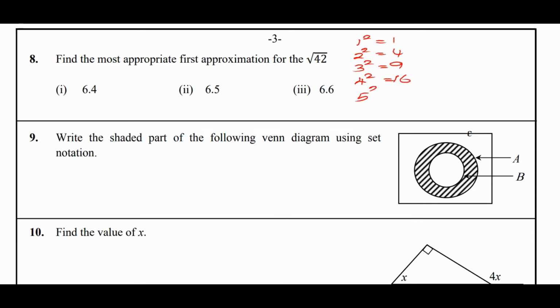And 5 squared equals 25. We still didn't find the 42 value. We are still at 25. Let's go further. 6 squared should be 36.